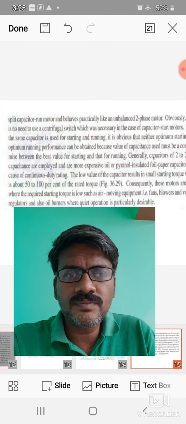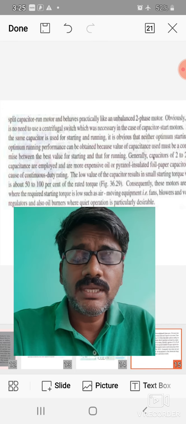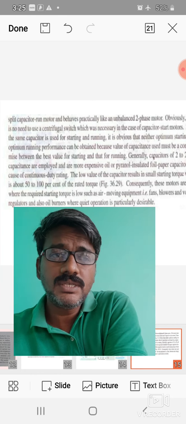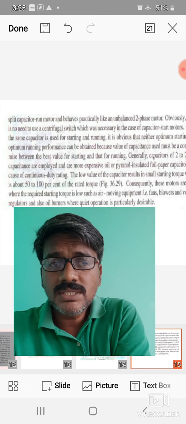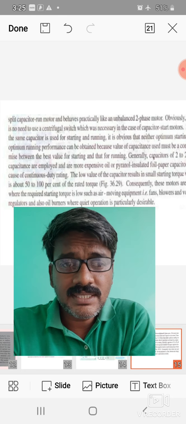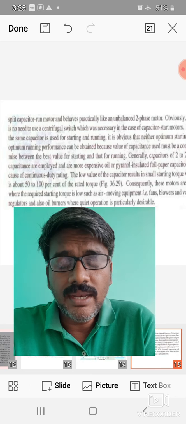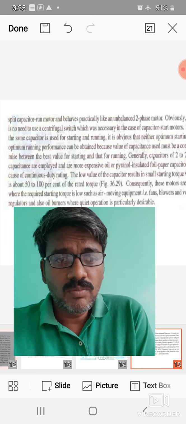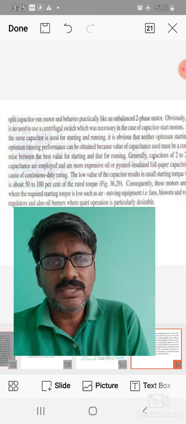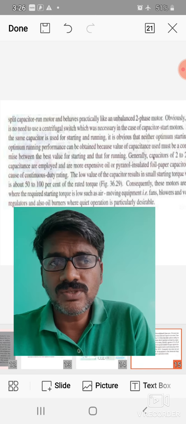One more important thing is that there is no need of a centrifugal switch in the circuit. Why? Because disconnection of the capacitor is not there in the capacitor run motor, either while running or starting. In both cases we are using the capacitor, that's why no centrifugal switch is used.